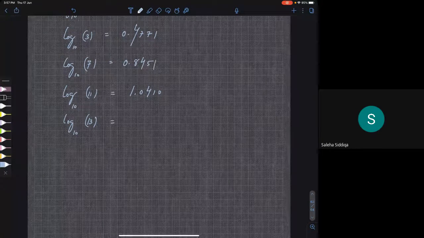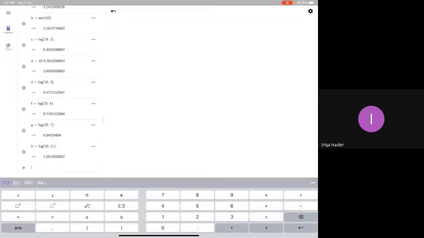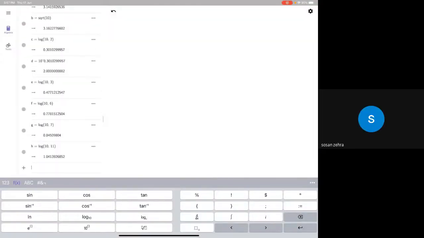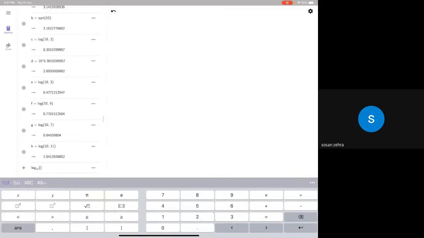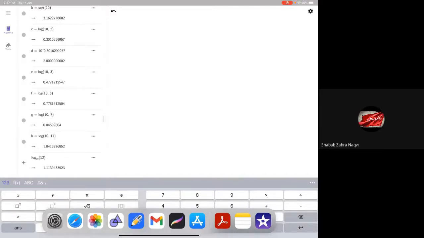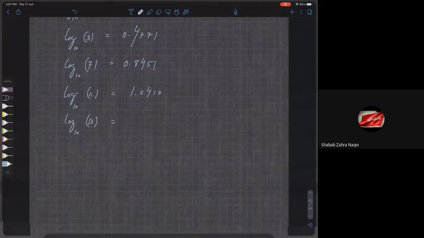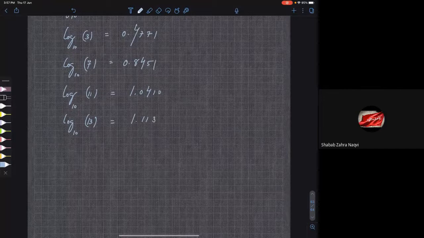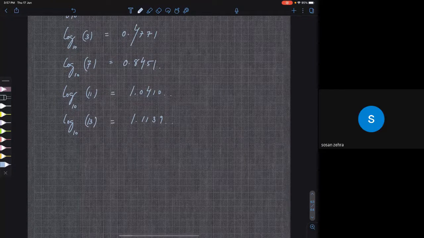Then comes log of 13, which is 1.1139. So these are the values. If you remember, it will be good.